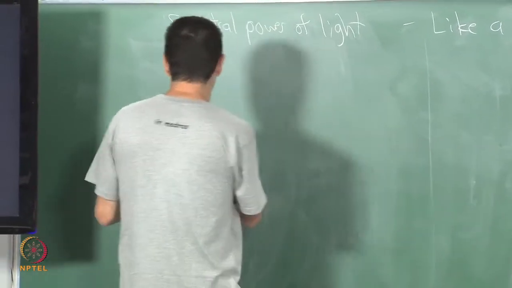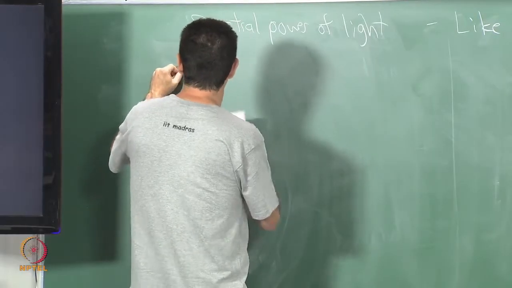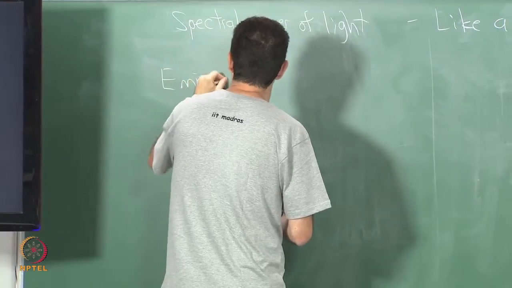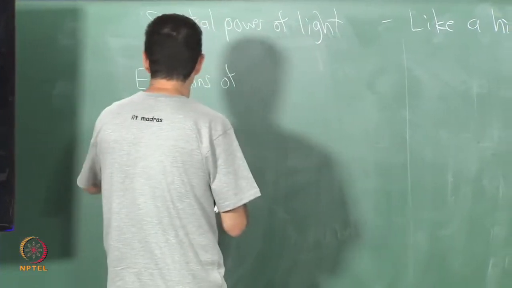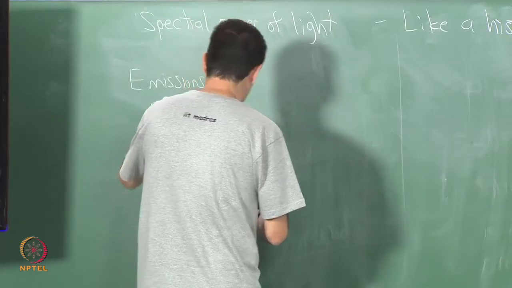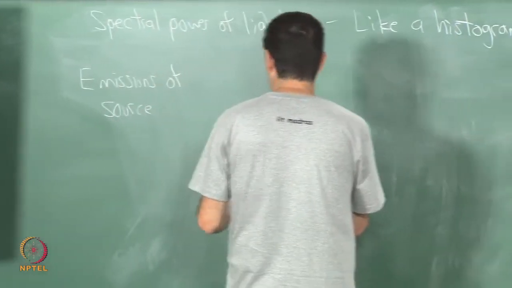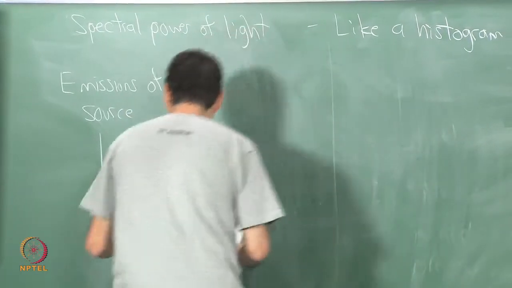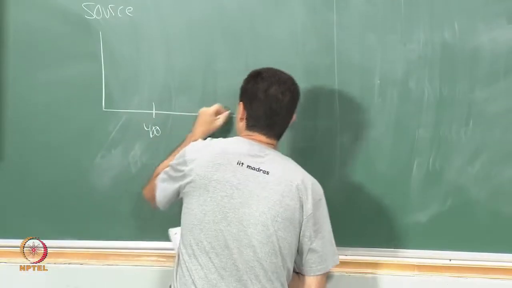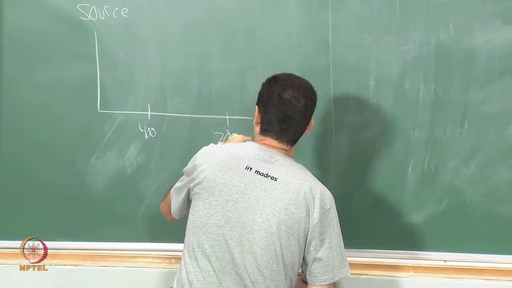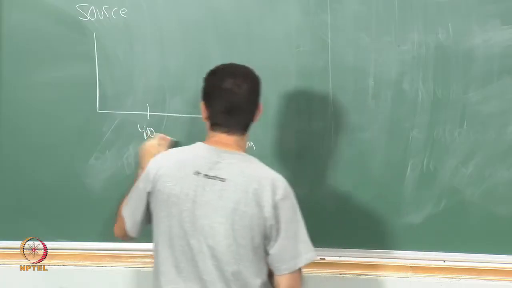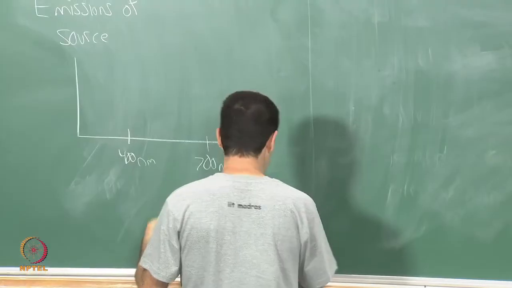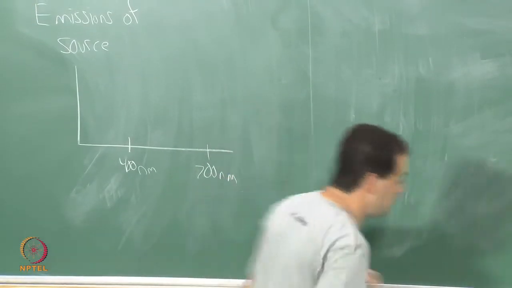So these are the two things. I will write them as there's the emissions of the light source. So for example, maybe I write 400 here and I write 700 here. So these are in nanometers. So I want this to be the wavelengths. And then one example I'll draw.